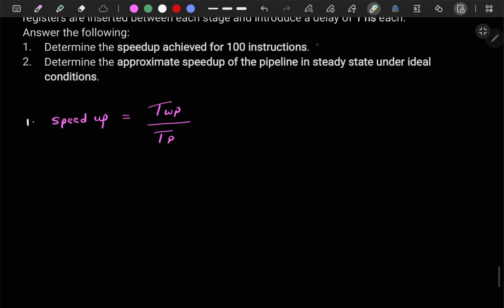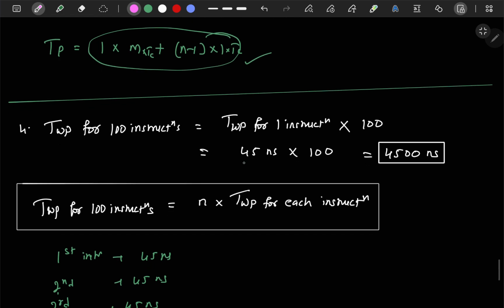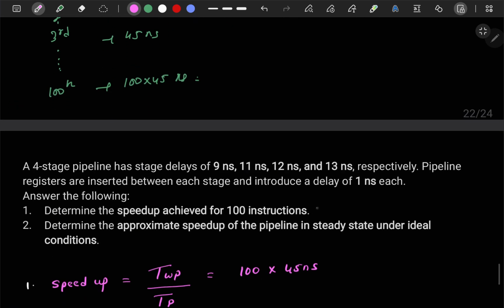You can either solve it or see it directly. There are 100 instructions and each instruction takes 45 nanoseconds. How did we get 45 nanoseconds?